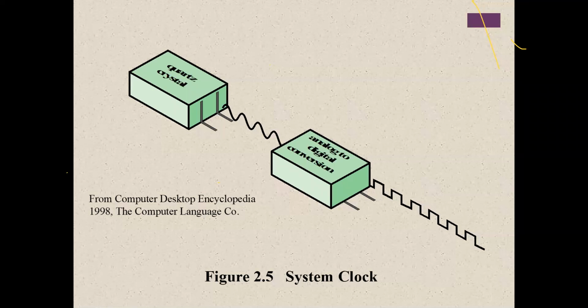So typically all these operations begin with the pulse of the clock. At the most fundamental level, the speed of the processor is dictated by the pulse frequency produced by the clock, and it's measured in cycles per second, or hertz.